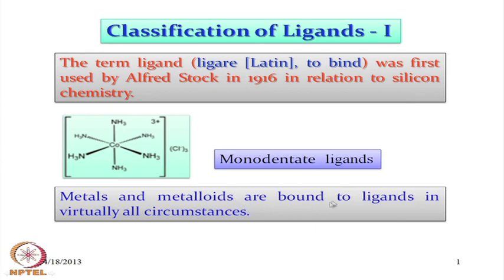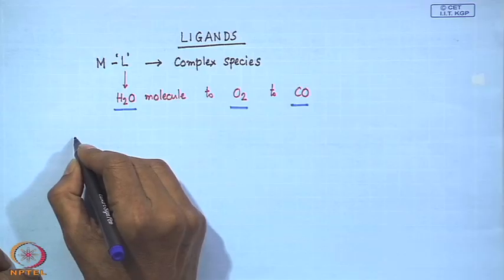Similarly, the toxic carbon monoxide, which is a gaseous species, can also interact with the metal center as a monodentate ligand.